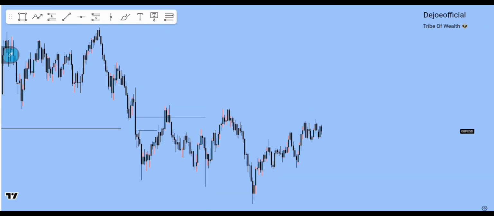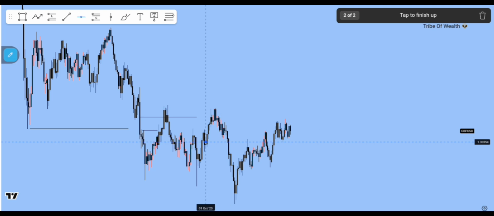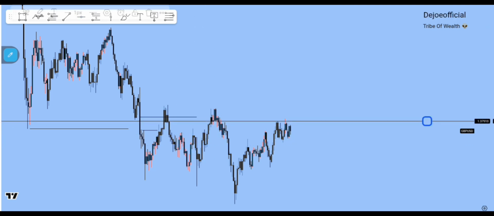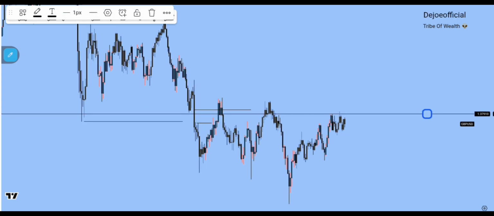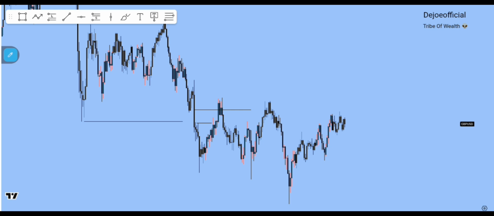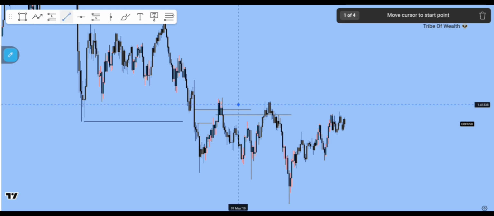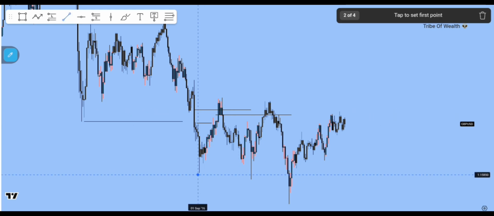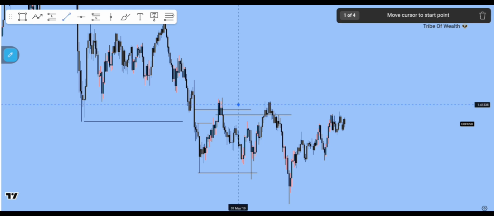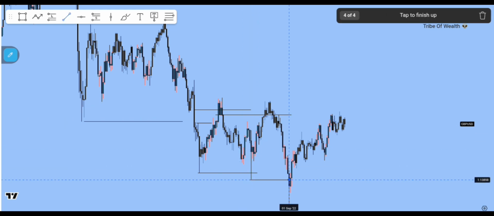Then after a break here, price also did the same thing, coming into this other block, and then took out the low. Just a break, then came into the origin, took out the low, and did the same thing here. So as you can see, price has been taking out the low.